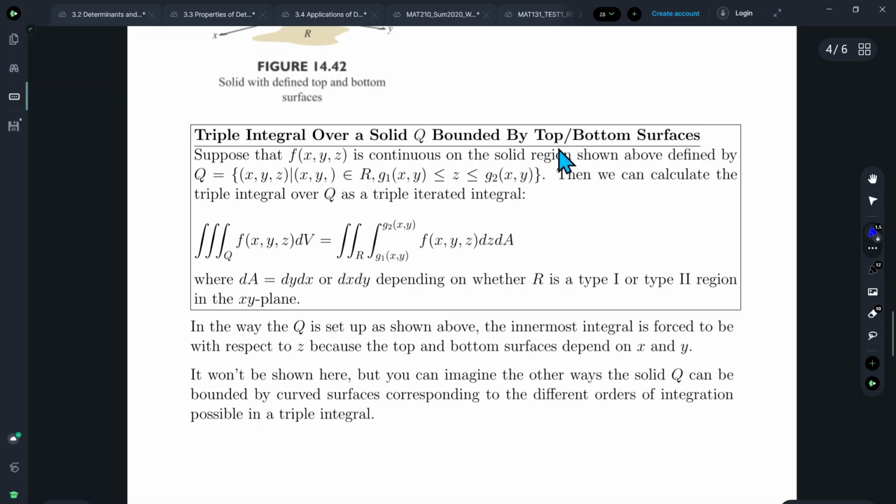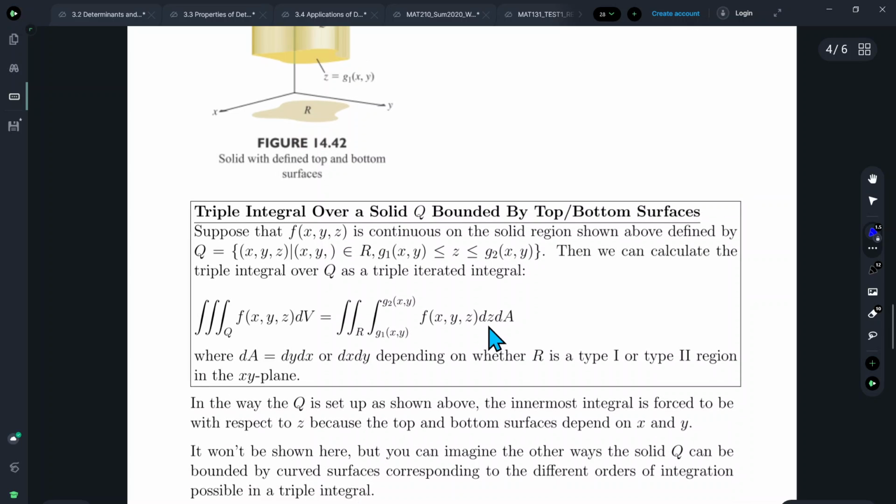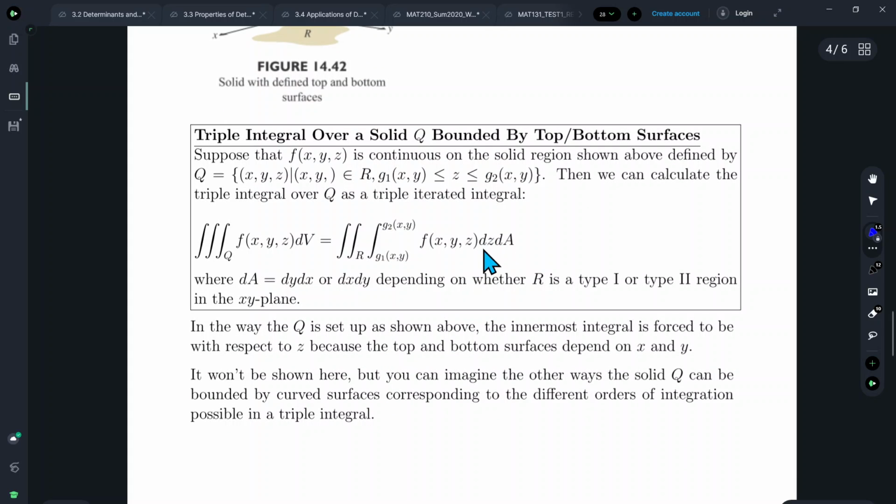So you can imagine it should be bounded front and back if you want the dx to be first, and it should be bounded left and right if you want dy to be first. And you can imagine how the integral should be set up in those cases.